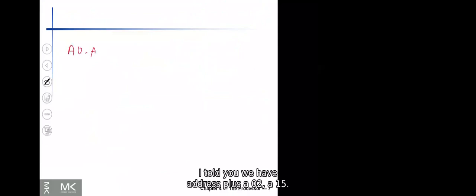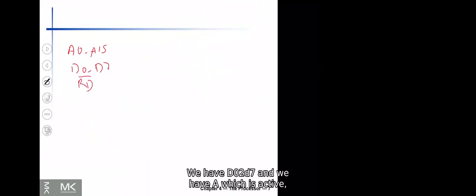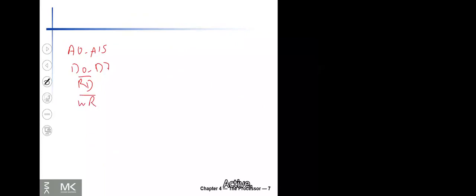So memory. I told you we have address bus A0 to A15. We had D0 to D7, and we have read, which is active low, and write, which is active low.